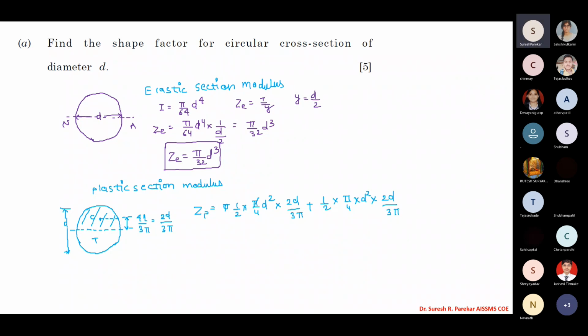Now this pi gets cancelled, 2 gets cancelled. And then we have Zp is equal to 2 times d cube upon 12. So Zp equal to d cube by 6.